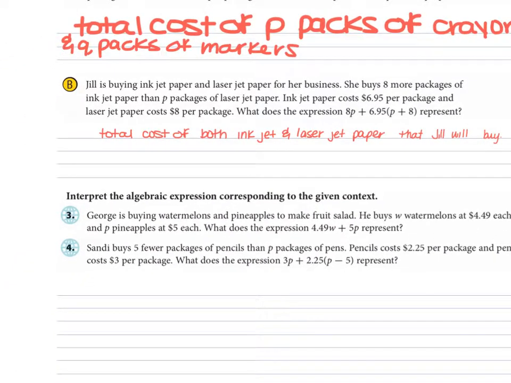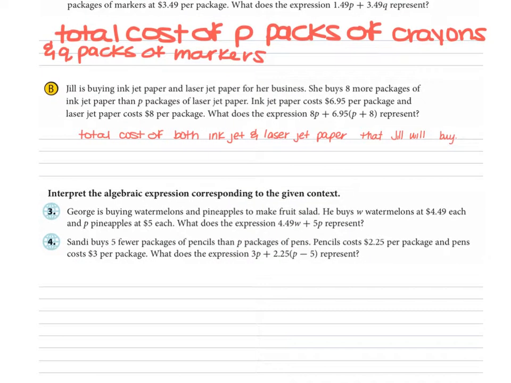If we look at the next two examples, for 3, it says that George is buying watermelons and pineapples to make fruit salad. He buys W watermelons at $4.49 each and P pineapples at $5 each. What does the expression 4.49W plus 5P represent?